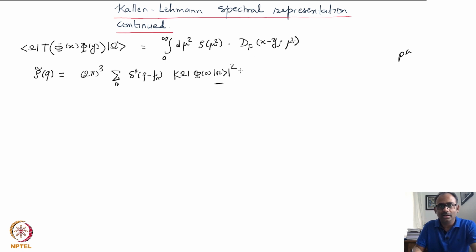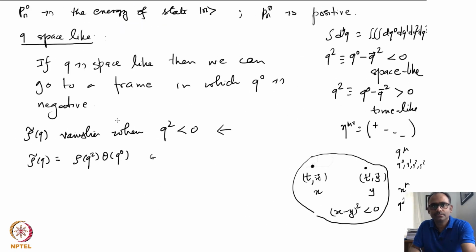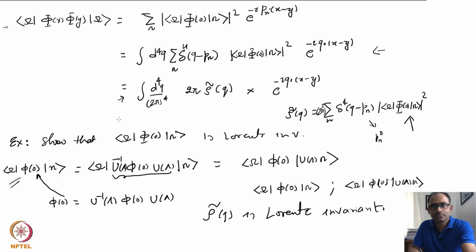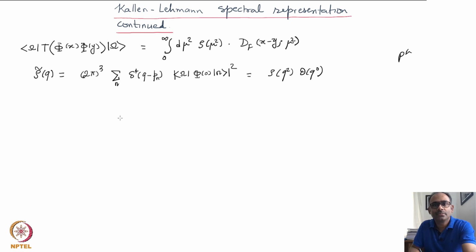That is why we also wrote it as rho of q square times theta of q0. Now we'll continue from here.